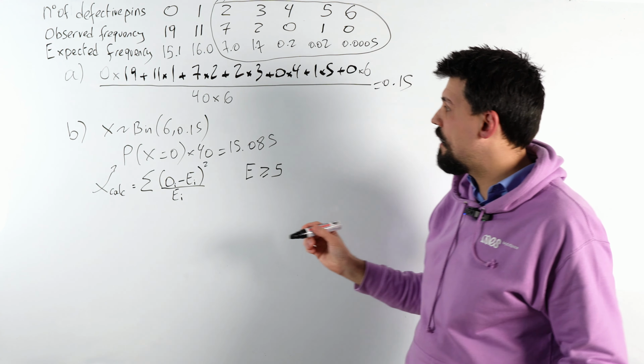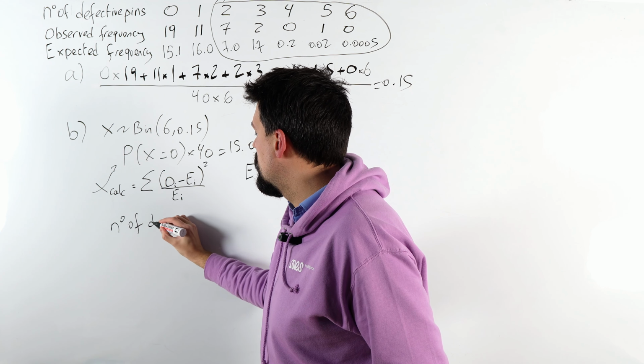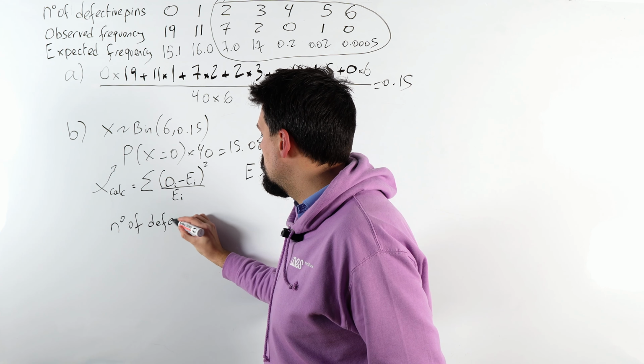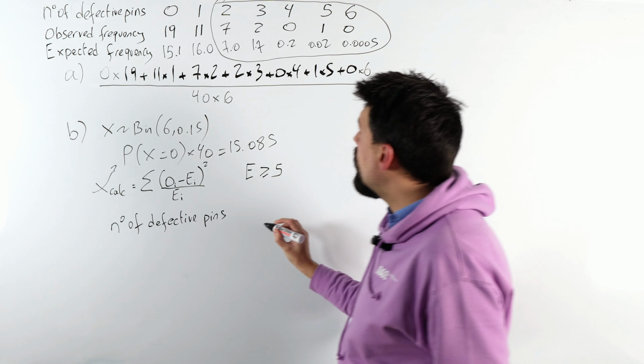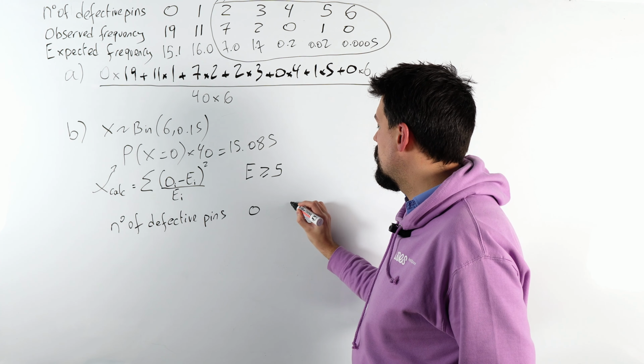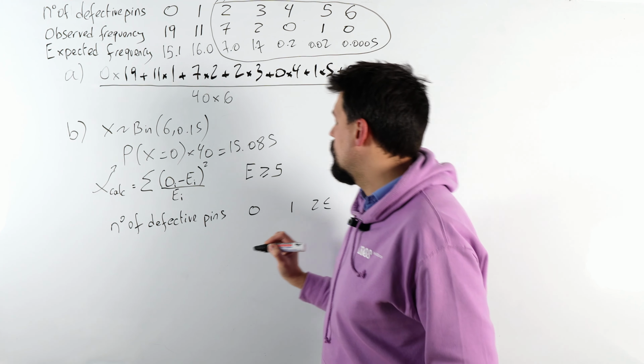So what we end up with is this, the number of defective pins. We're only going to look at the cases 0, 1, or more than or equal to 2.